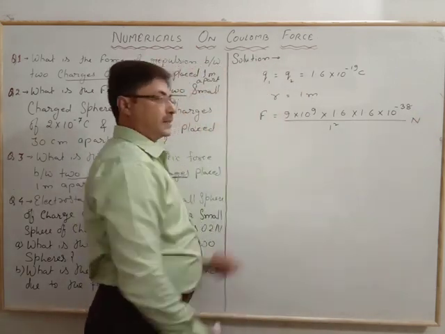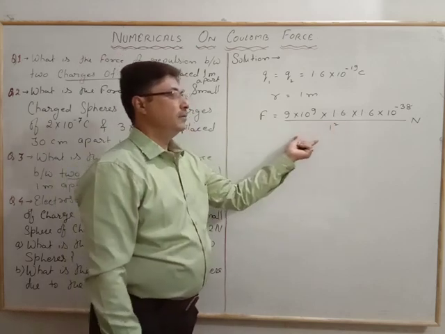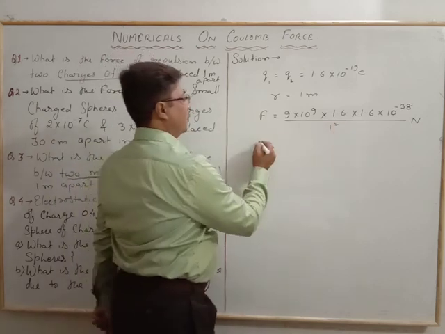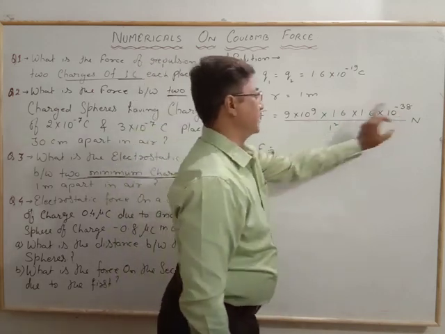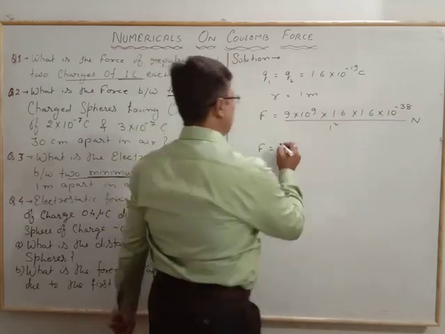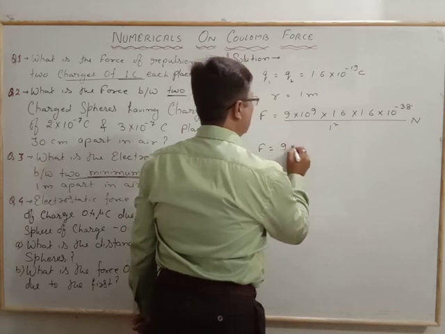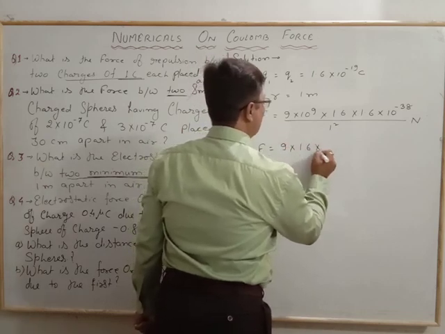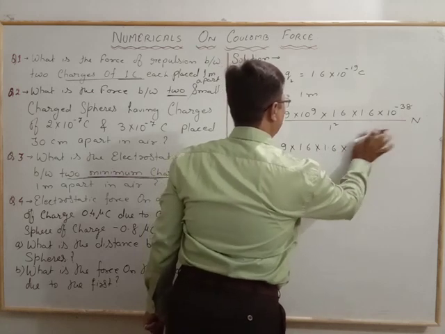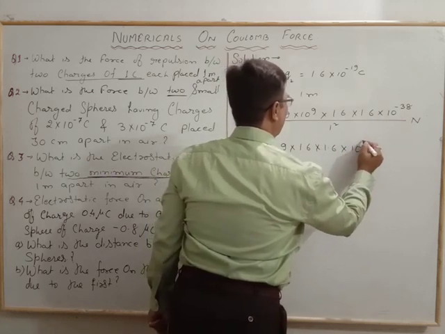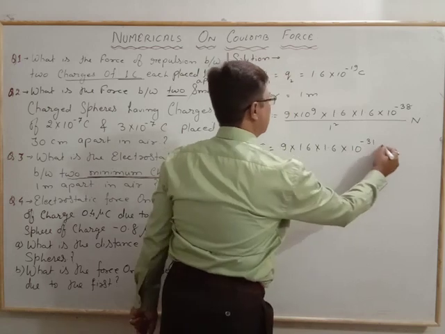Now let's solve this one. We have force F equal to, in place of this, 10^-38 divided by 1 gives us 10^-31 after combining, so it is 9 × 1.6 × 1.6 × 10^-31 newton.